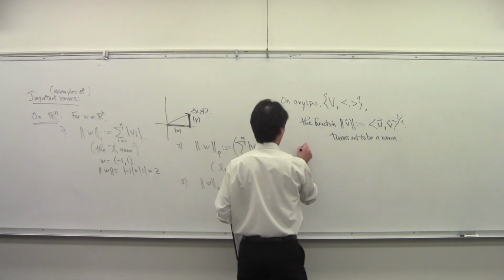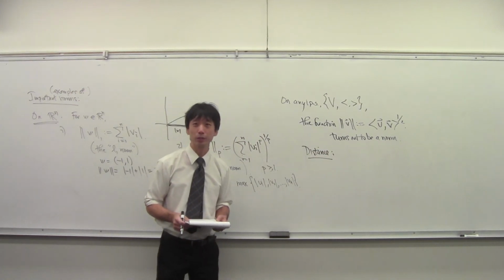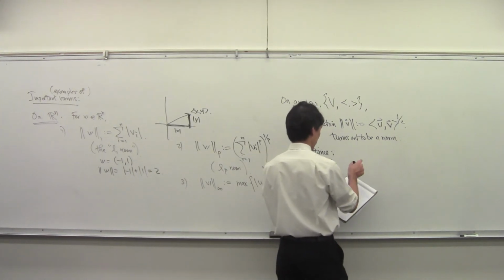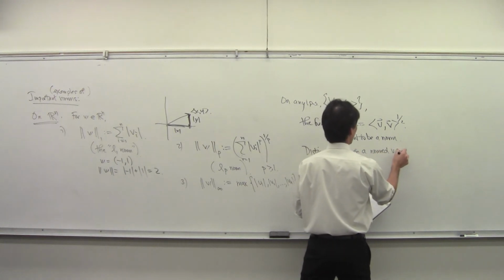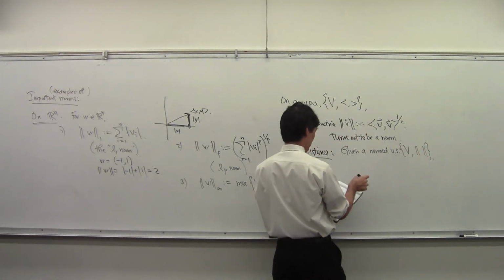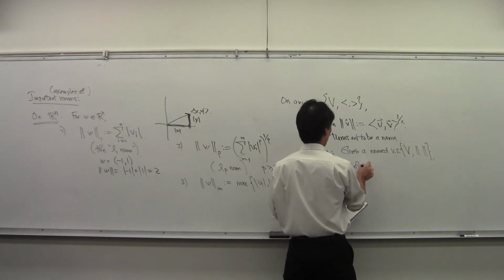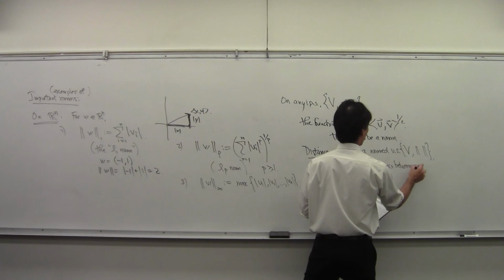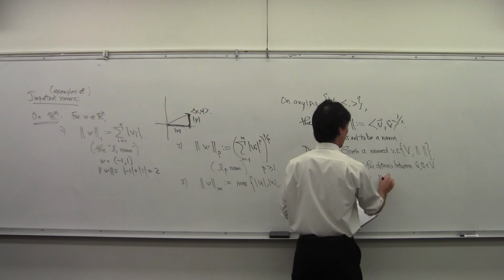Once you have a norm, you can actually define distance. Okay, so you can talk about the distance between two functions or 2 vectors. Given a normed vector space, we can define the distance between 2 vectors as the norm of the difference.